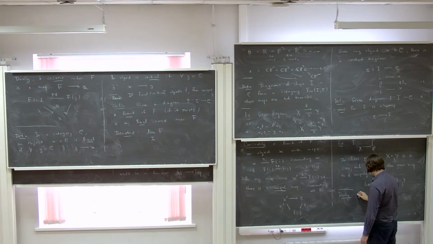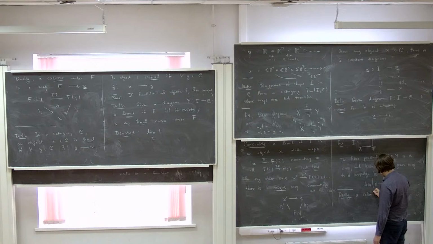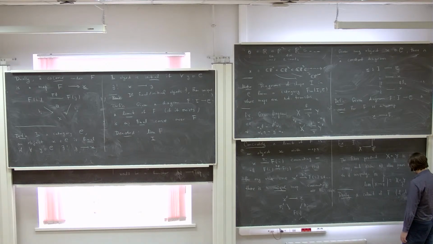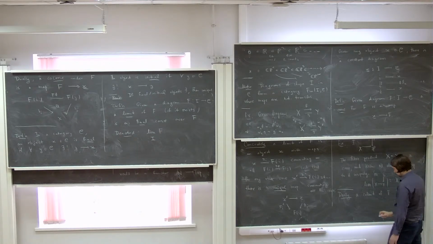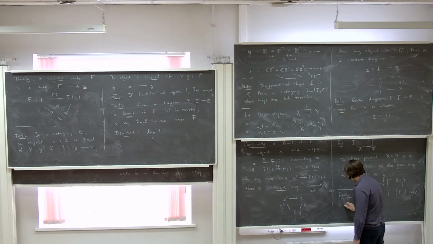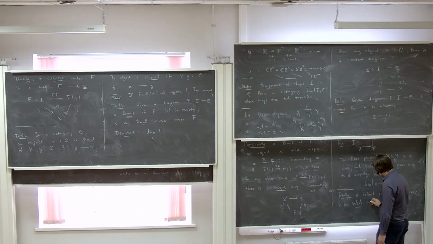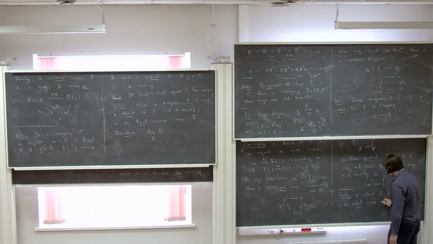So dually, a colimit of F, if it exists, is an initial cocone under F. So just read everything backwards.